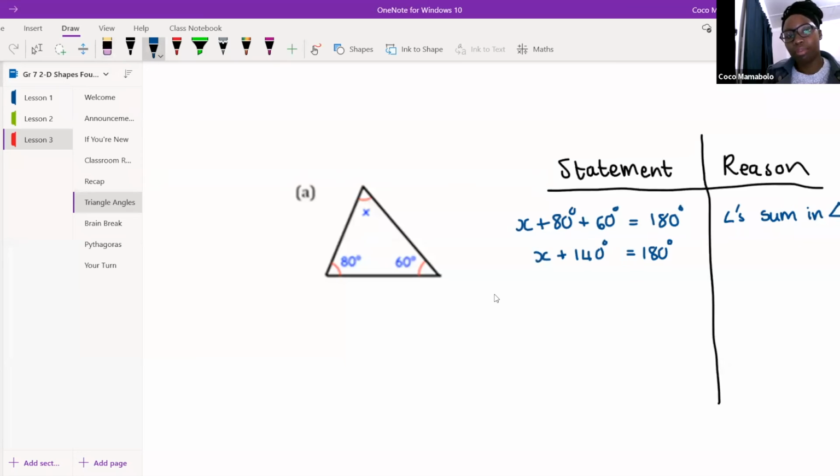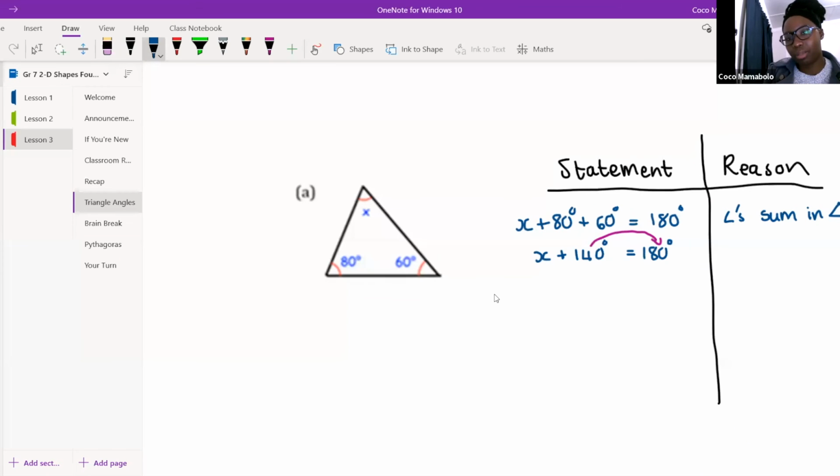And then from there, what do I need to do with this plus 140? Where does it go? It goes over my equal sign, and because it's positive 140, what does it become on the other side? Minus, yes, absolutely, minus 140.